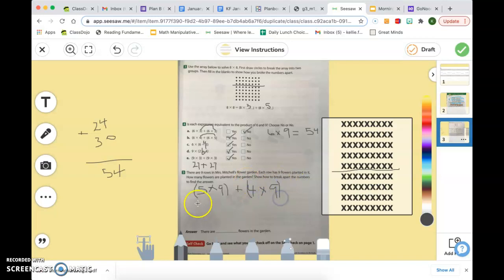All right, so I said 5 times 9 was 45. 4 times 9 is 36. And when I add those together, I get 81. And I can check that because I know 9 times 9 is 81. All right, hope this helps, guys.